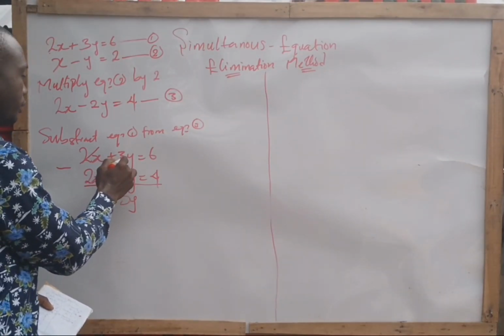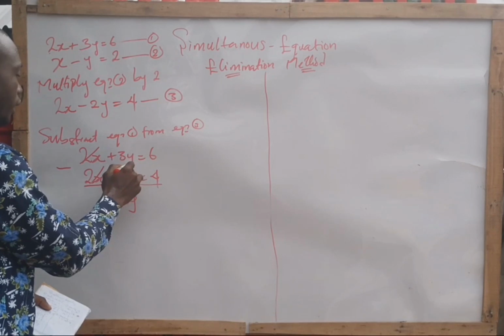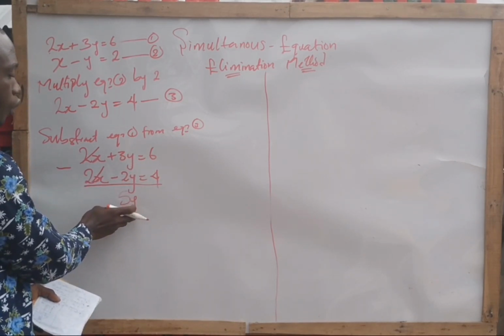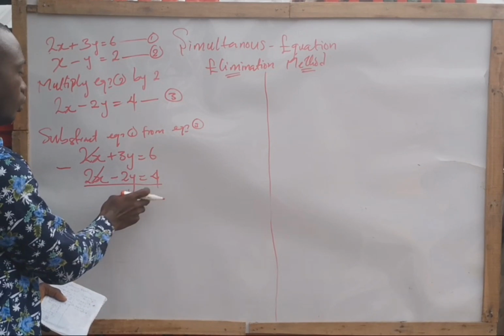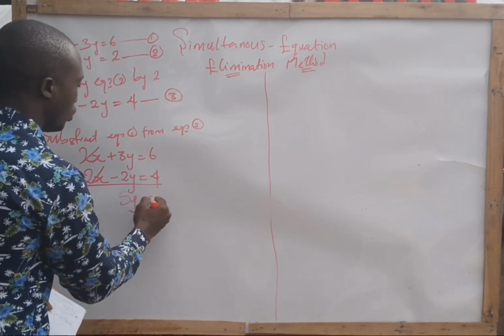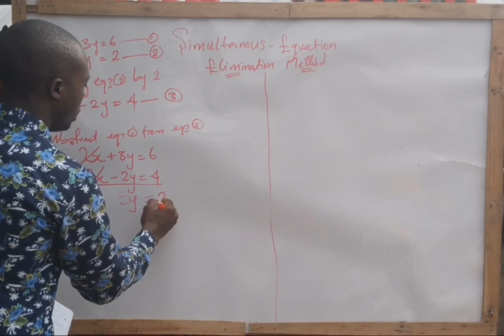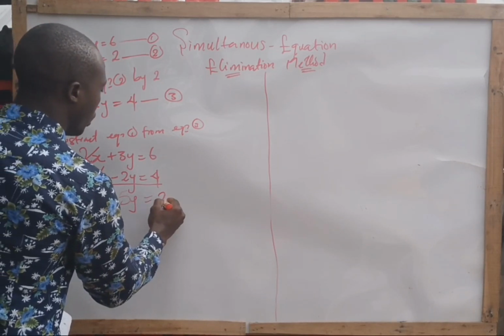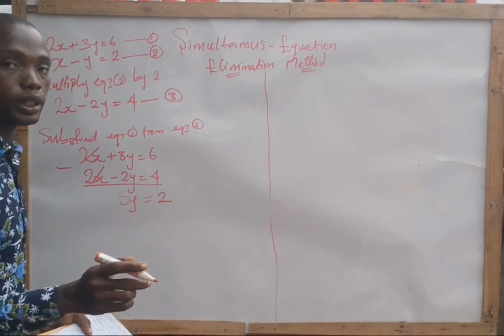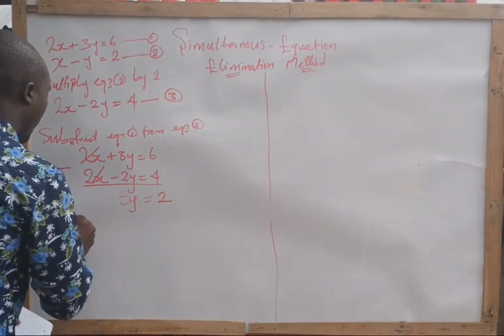So 3y plus 3y minus 2y will give us what? Will give us 5y. So 6 minus 4 will give us what? Will give us 2. So to get our y, we divide both sides by what? By 5.